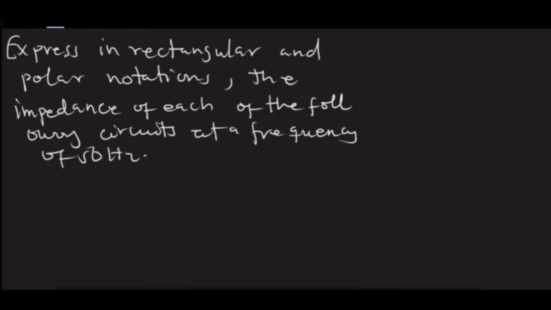So we have to express in rectangular and polar notation the impedance of each of the following circuits at a frequency of 50 Hz. The first one is a resistance of 20 ohm.